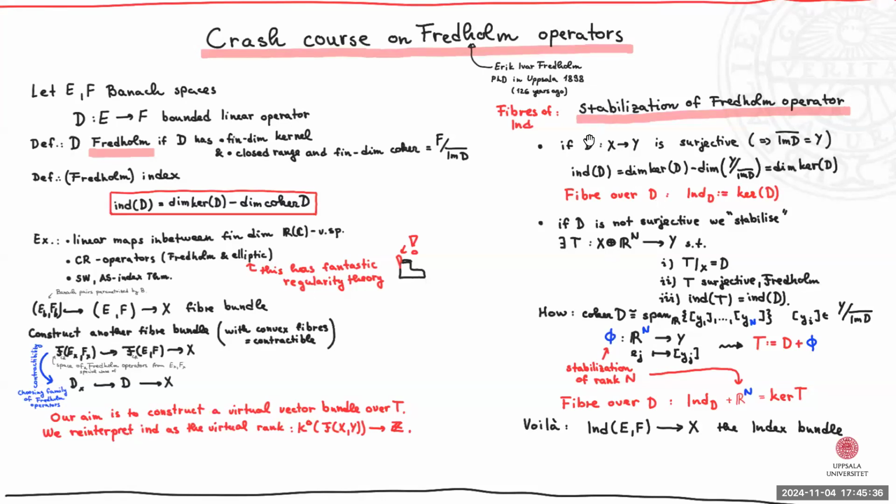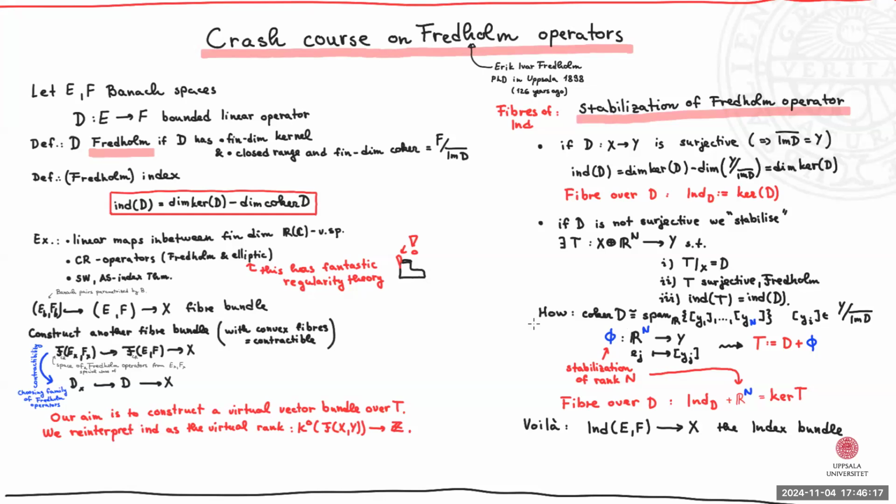So the fiber over those surjective Fredholm operators is precisely their kernels. But what happens if D is not surjective? Then we stabilize the operator and make it into a surjective operator. What does it mean? There exists a stabilization T, which restricts to D on this direct sum, where n is a finite number. T is a surjective Fredholm operator, and the index is unchanged.